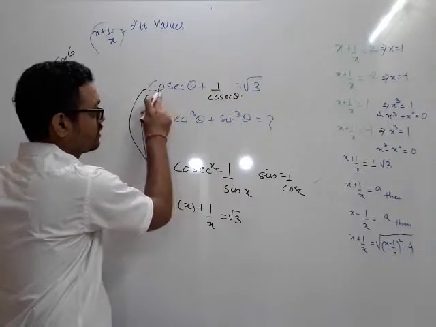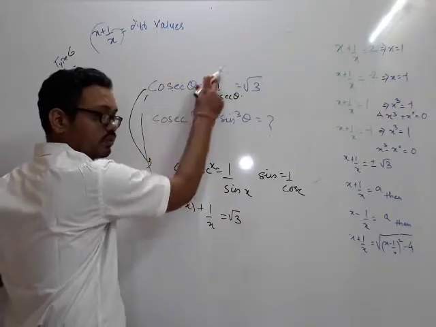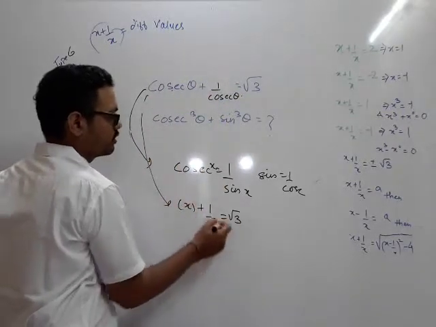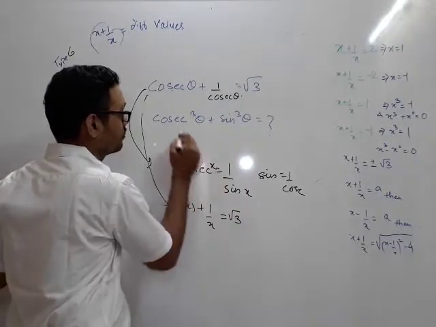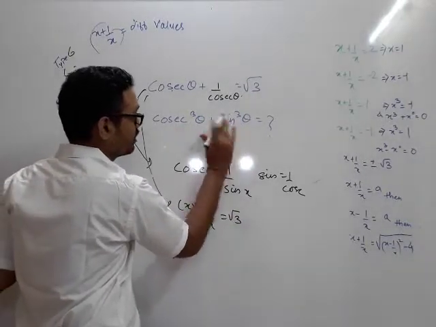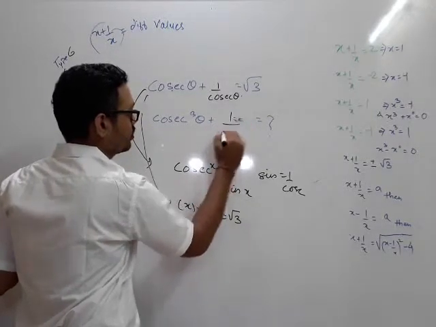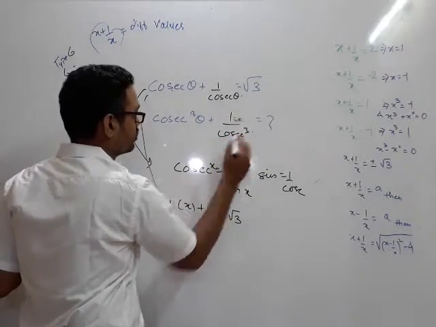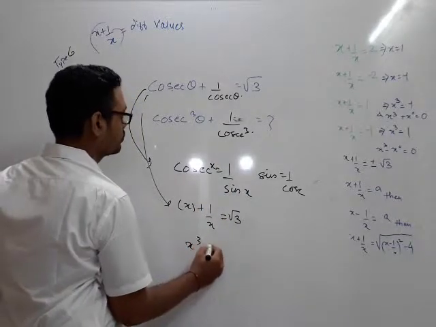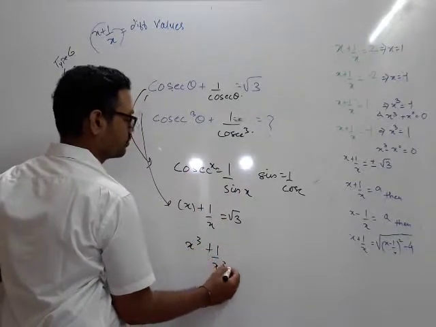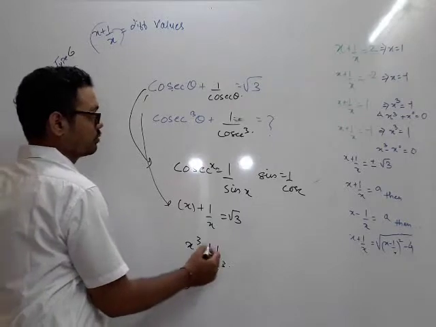So this is x plus 1 upon x form. So when it is x plus 1 upon x is equal to root 3 form, they have asked, again write here sin cube as 1 upon cosec cube. So they have asked what is x cube plus 1 upon x cube.